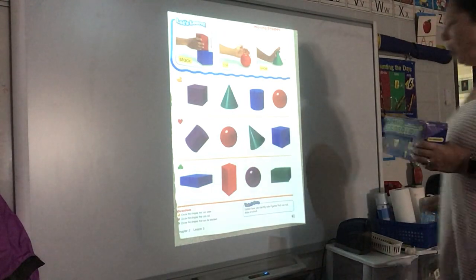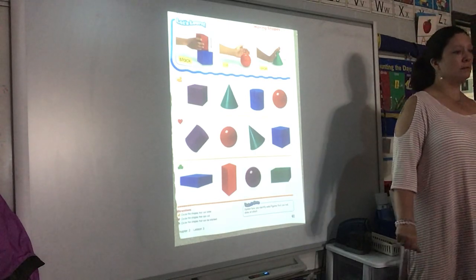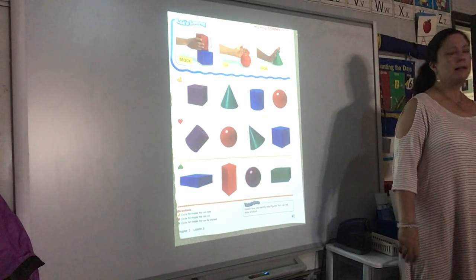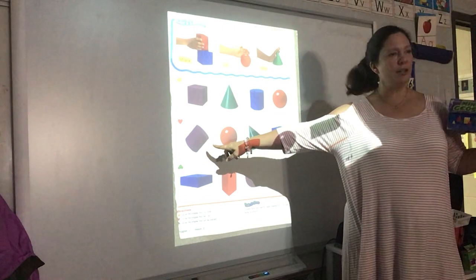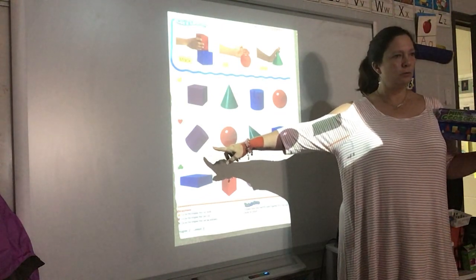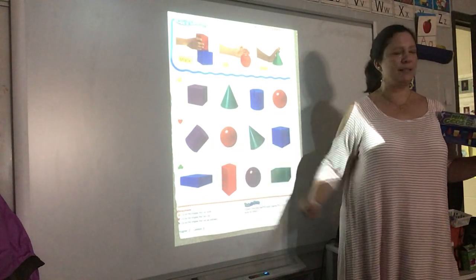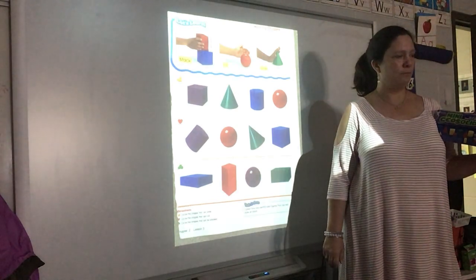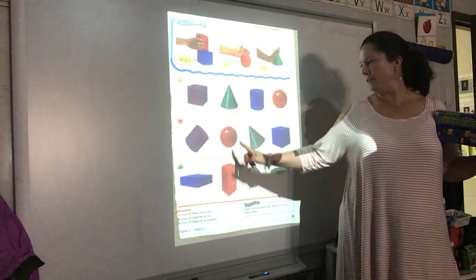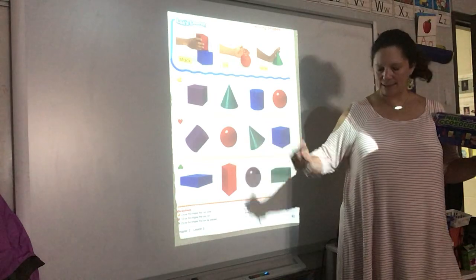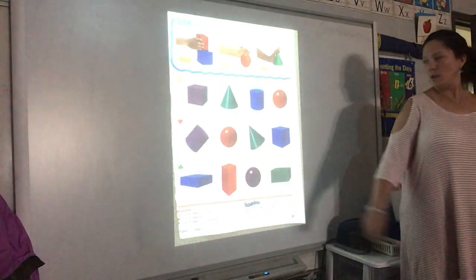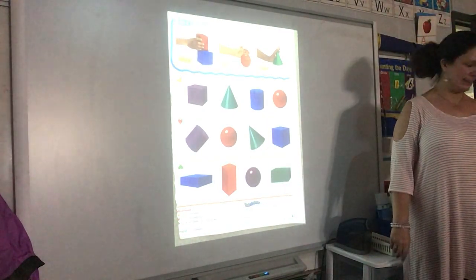Let's look at the row with the heart. Can this cylinder roll? Yes. Circle it, please. Can the sphere roll? Yes, circle it. What about the cone? Yes, it can.